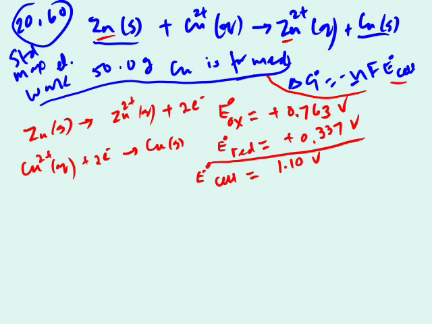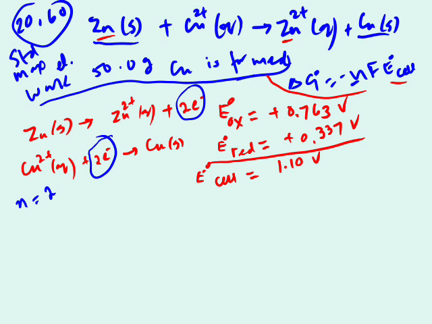Look at the half reactions. The first has 2 moles of electrons given off, and the second absorbs those 2 moles. If these numbers were not the same, you'd have to multiply so that the numbers of electrons are the same. So now n needed for this calculation is 2.